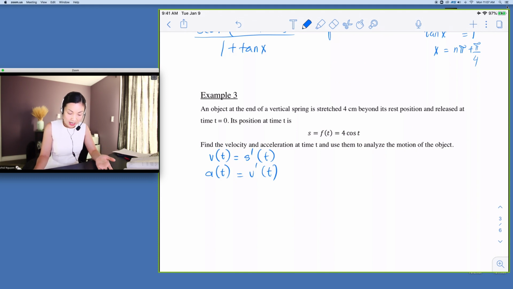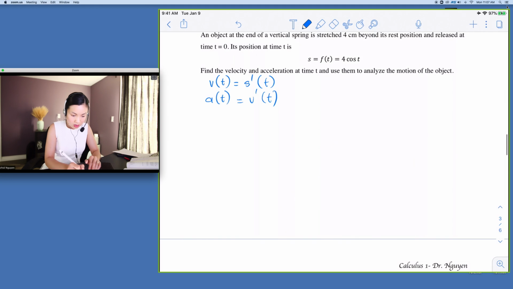All right, now we're going to have to do some work. So I'm going to take the velocity first. The velocity is 4 times negative sine of t, which is negative 4 sine of t.